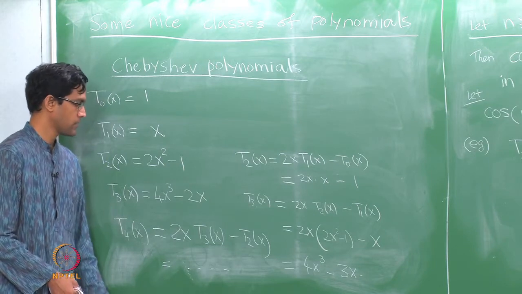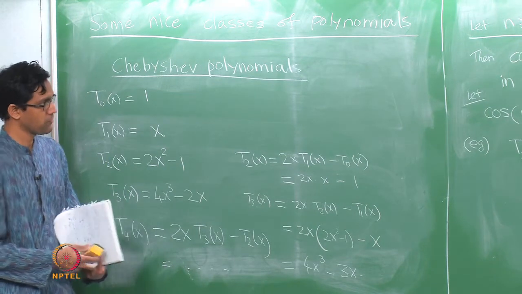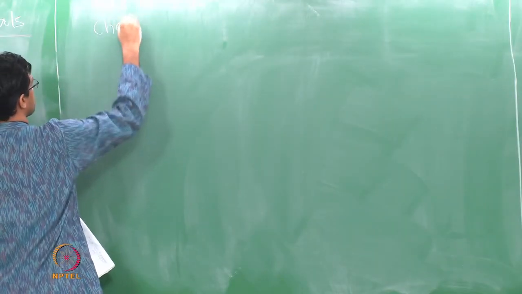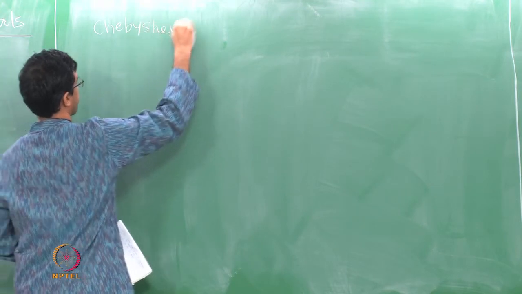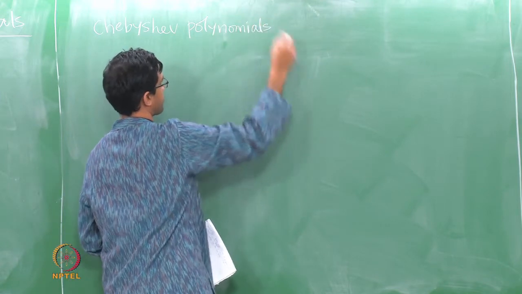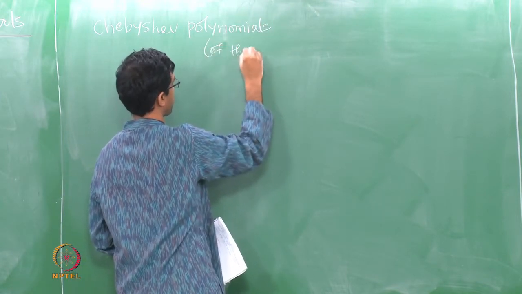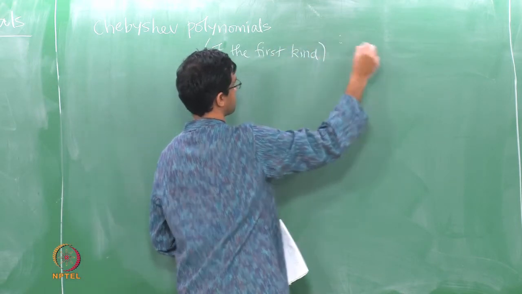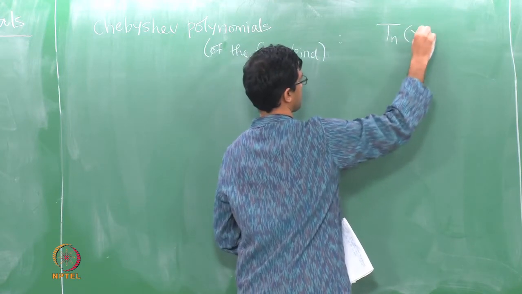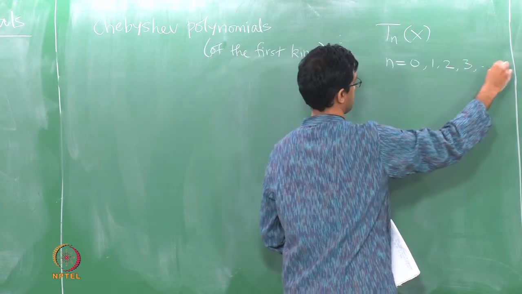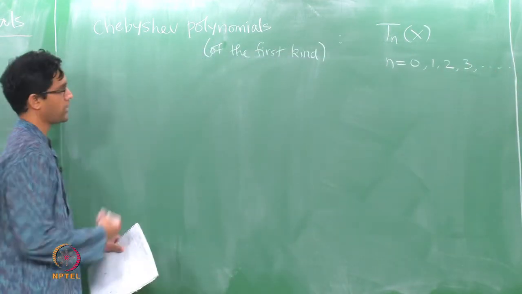So these polynomials here are what are called the Chebyshev polynomials. These polynomials for n equal to 0, 1, 2, 3, it is really a sequence of polynomials.